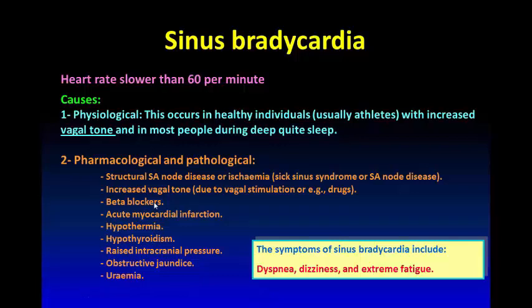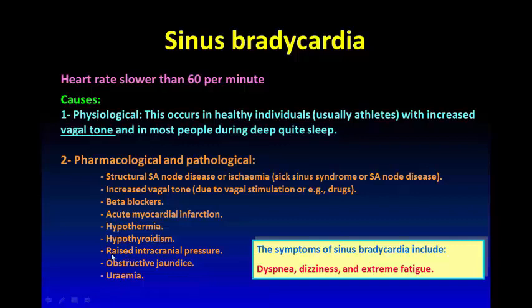Other pharmacological and pathological causes of sinus bradycardia include acute myocardial infarction, hypothermia, hypothyroidism, raised intracranial pressure, obstructive jaundice, and uremia.